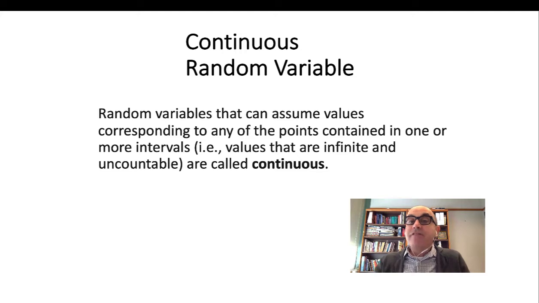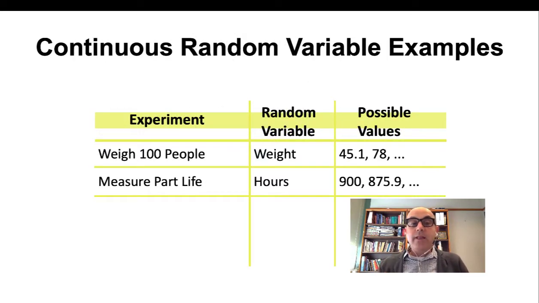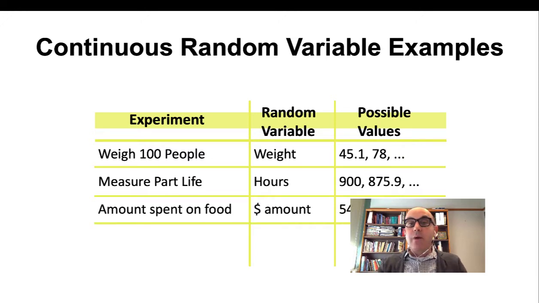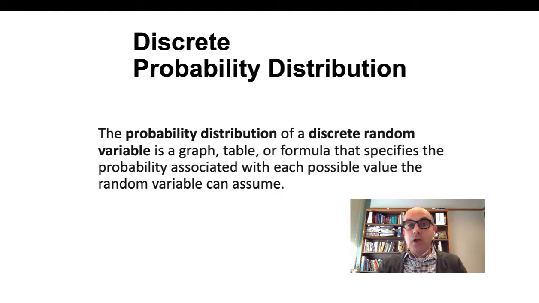So we have a lot of options, like the weight of 100 people with no scale on it, or the measure of lifespan, how many hours people experience in life. And so again, this is a continuous random variable. And again, this is something that we often use.